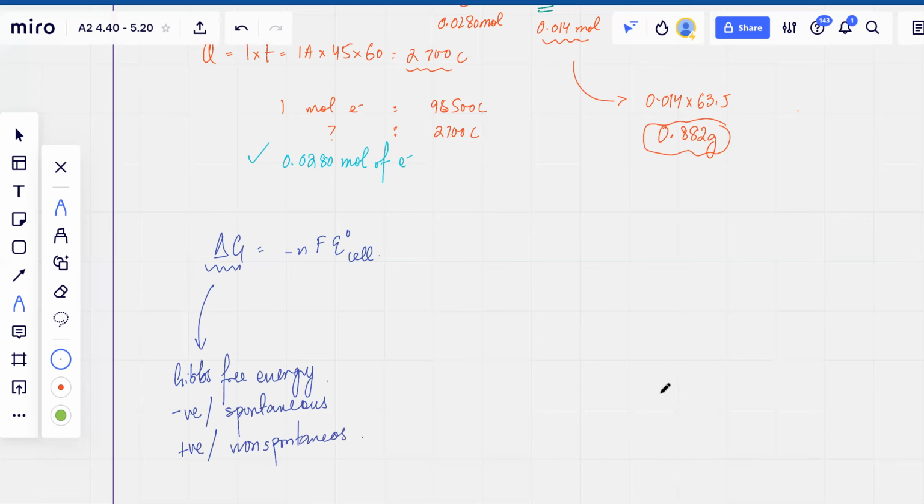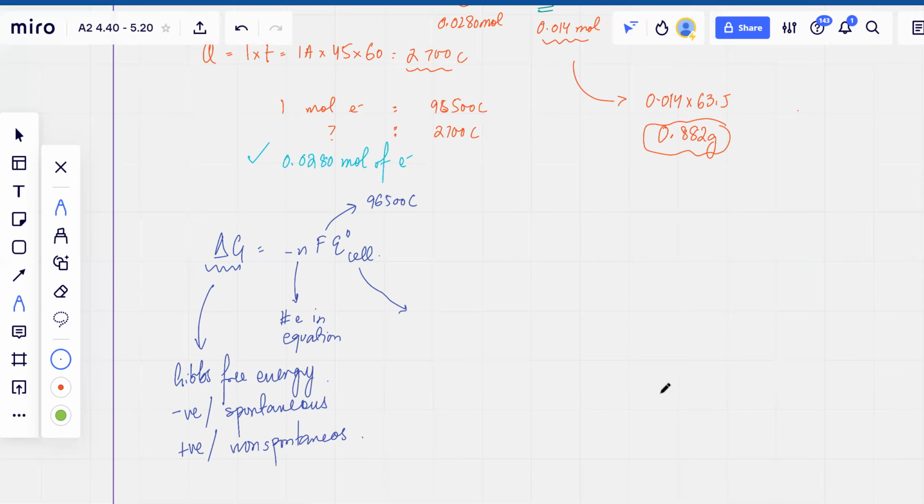So there are two types of Gibbs free energy, and E naught cell, we've already calculated it. We constructed all these cells. F is the Faraday constant, which we just studied. That's 96,500 coulombs. And n is the number of electrons that are involved in the reaction, the number of electrons that are being gained and lost.